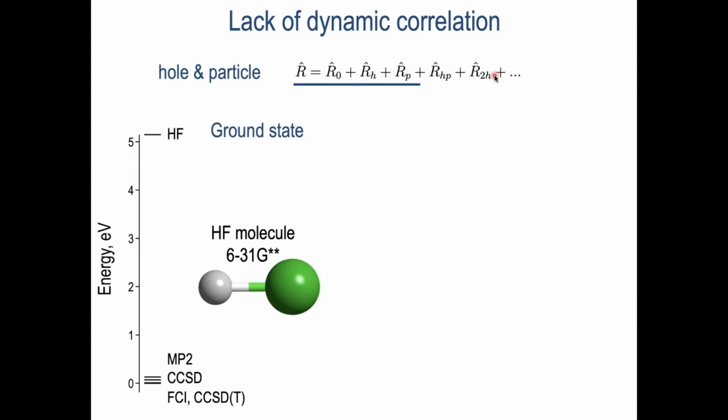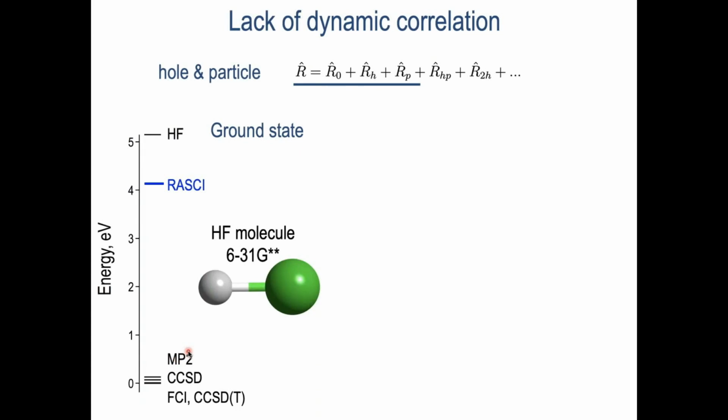And it has an important impact on the energies that you obtain with these methods. Let me show you an example. Here is the HF molecule, and here we have the energy of full CI and correlated methods for a closed shell system, and here is Hartree-Fock. If we use RASCI with a small active RAS2 space, we obtain an energy which is much closer to Hartree-Fock than to the full CI.